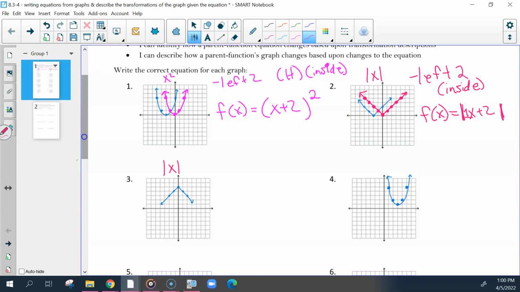Flipped upside down. Anything else changed? Look at where it is, and look at where the parent function started.